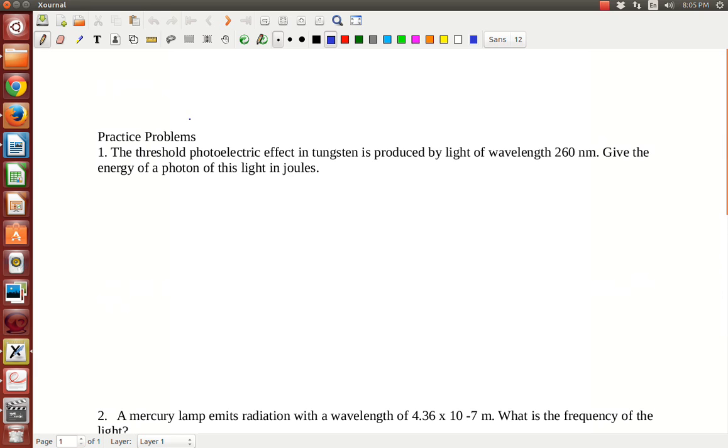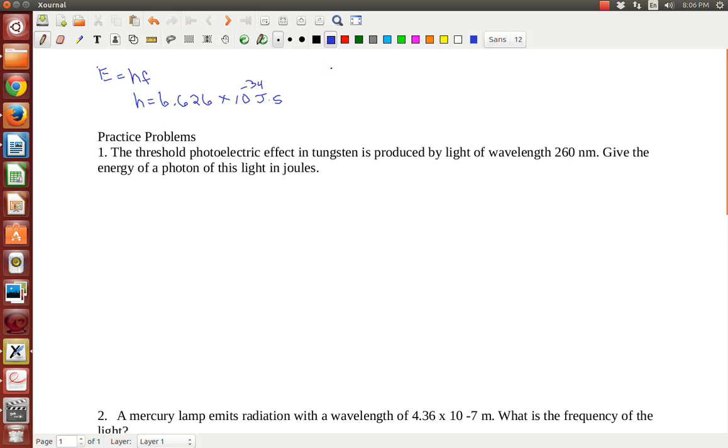The first thing you need to do is write down the equations that you know. So energy equals Planck's constant h times F for frequency, and I'm going to give it to you in this format on the test. You will always be given Planck's constant as well. Now this formula you'll be given as well as Planck's constant, 6.626 times 10 to the negative 34th joules times seconds.